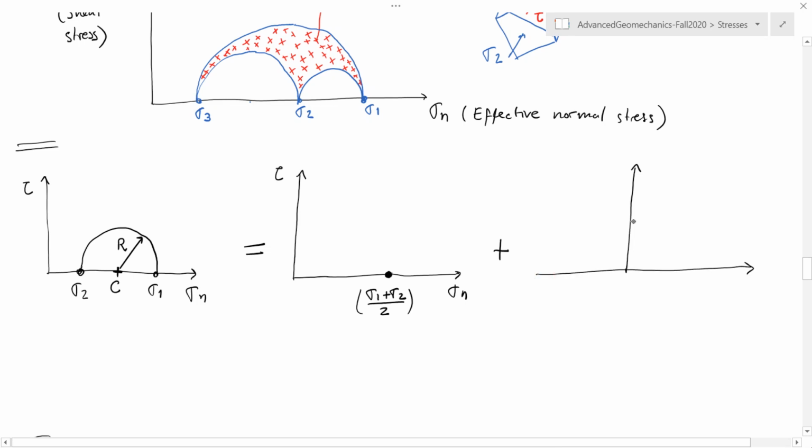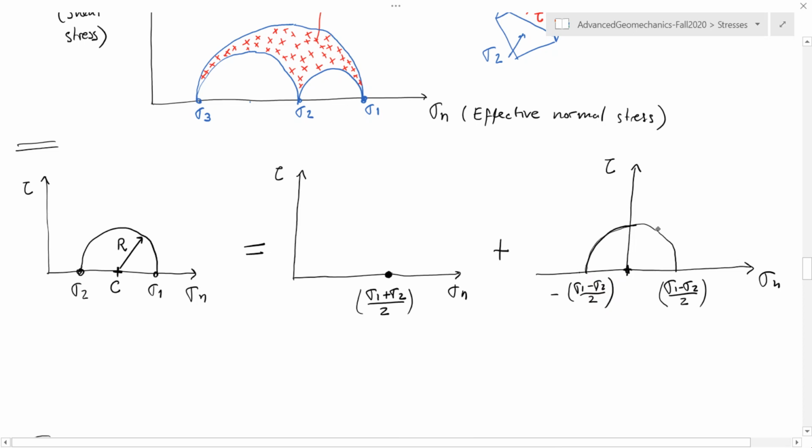And that's going to be a circle which has a center at the origin and has its principal values at coordinates in x (sigma 1 minus sigma 2) divided by 2 and negative (sigma 1 minus sigma 2) divided by 2.